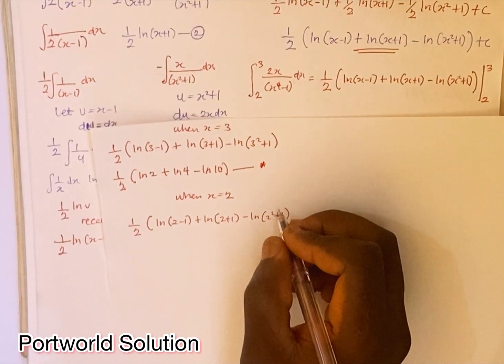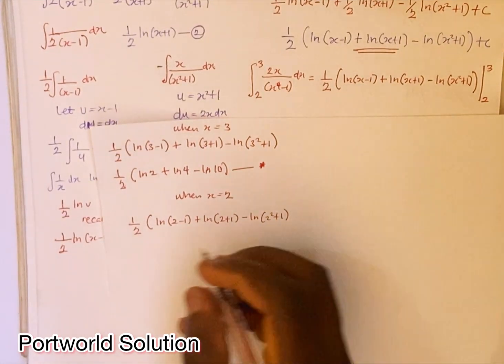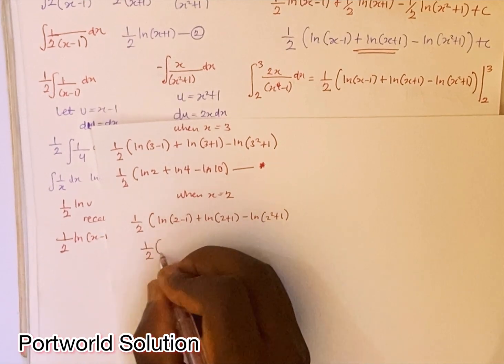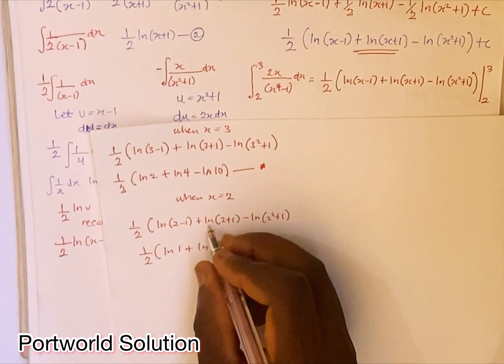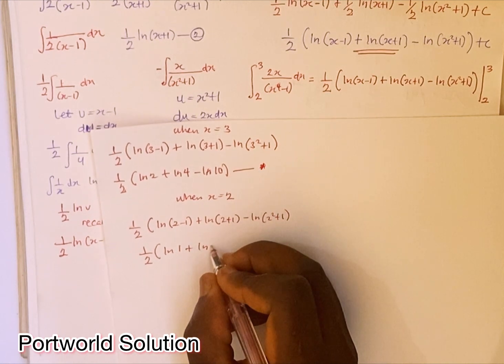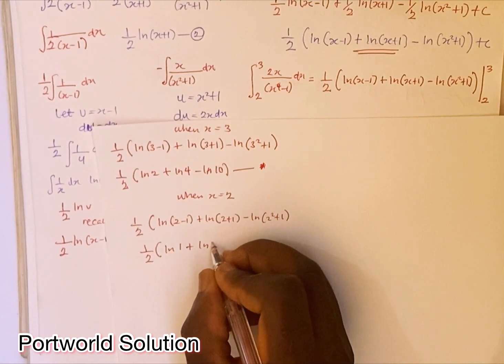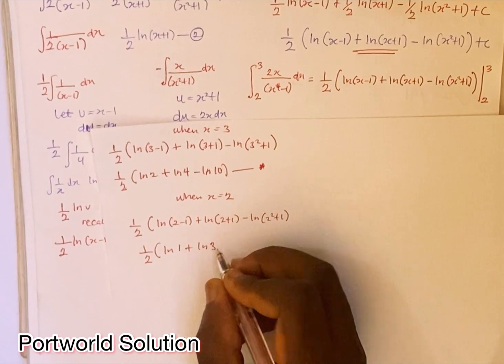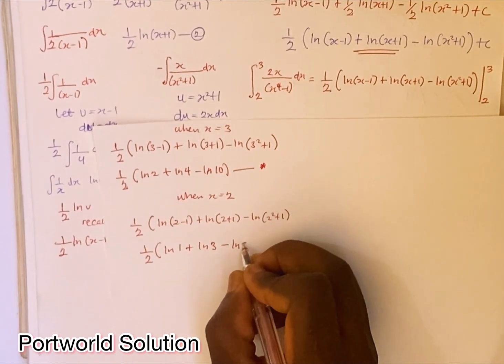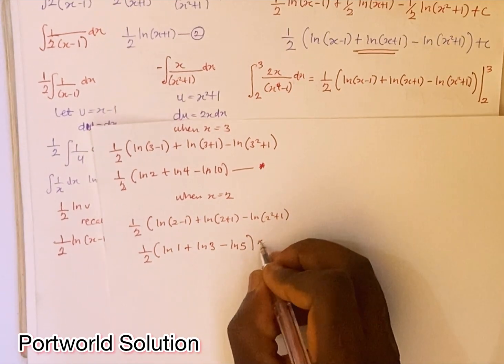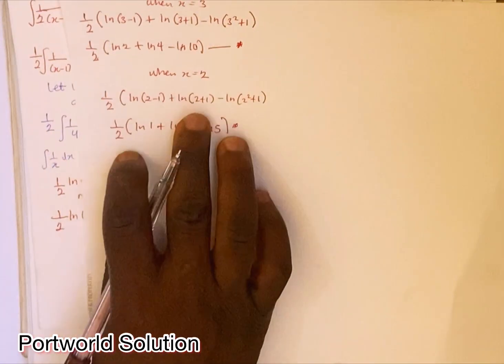So in this case this turns to 1 over 2 into brackets natural log of 1 plus natural log of 3, since 2 plus 1 is 3, then minus natural log of 2 squared plus 1, that's 5. So that's just my second.